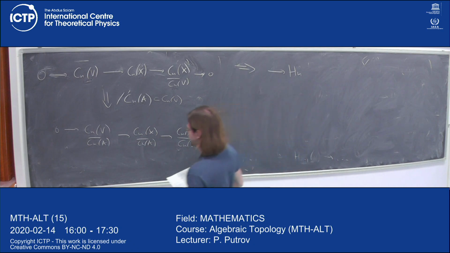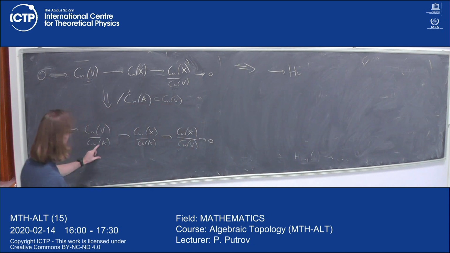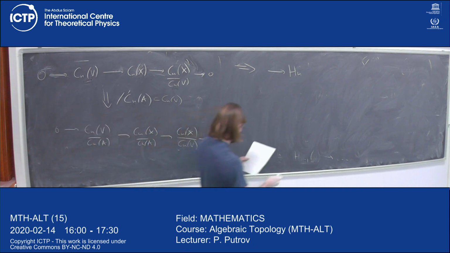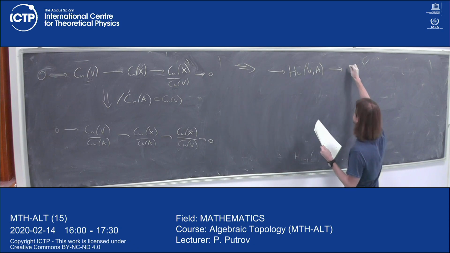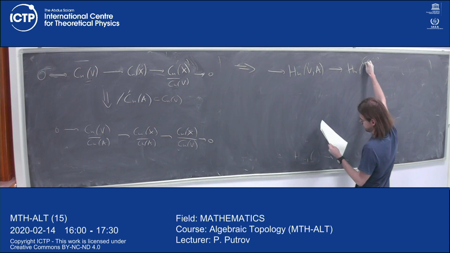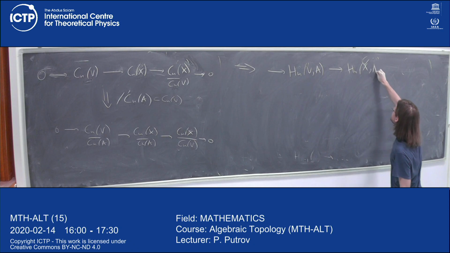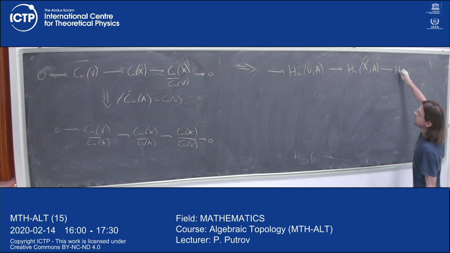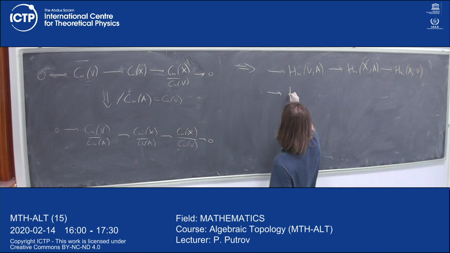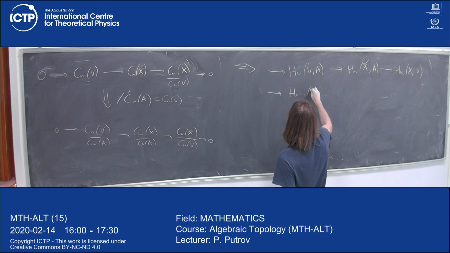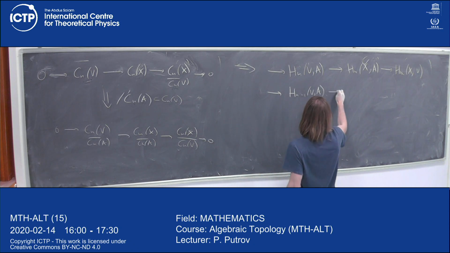The homology of this quotient chain complex is the relative homology: H_n(V, A), H_n(X, A), H_n(X, V), and then in the next line H_{n-1}(V, A), and so on.